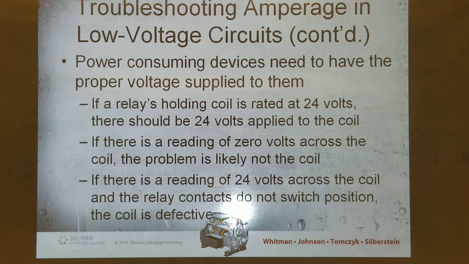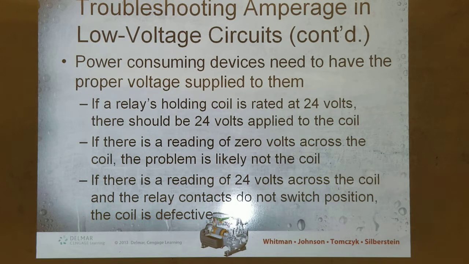Okay, so here's another common sense thing. You should have the proper voltage across the coil in order for it to operate. If there's a 0 reading across the coil, that means you're not getting the proper voltage, right?